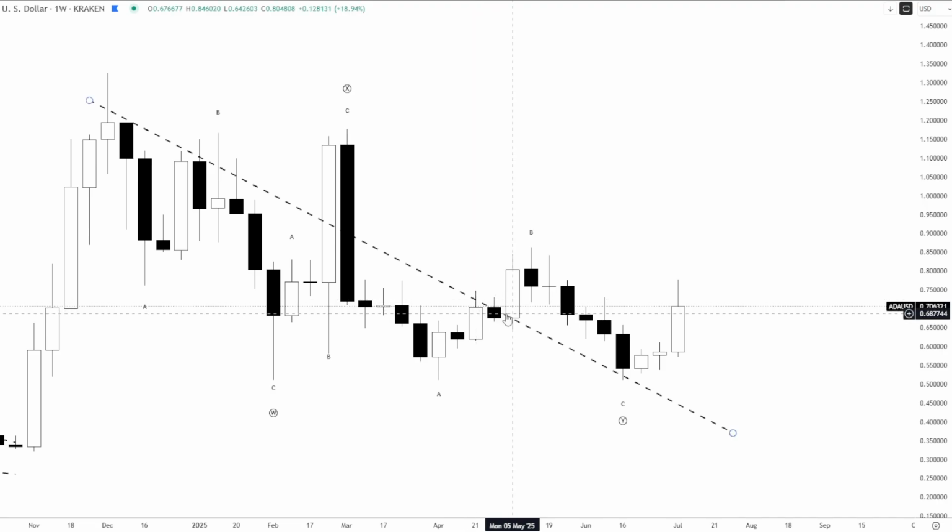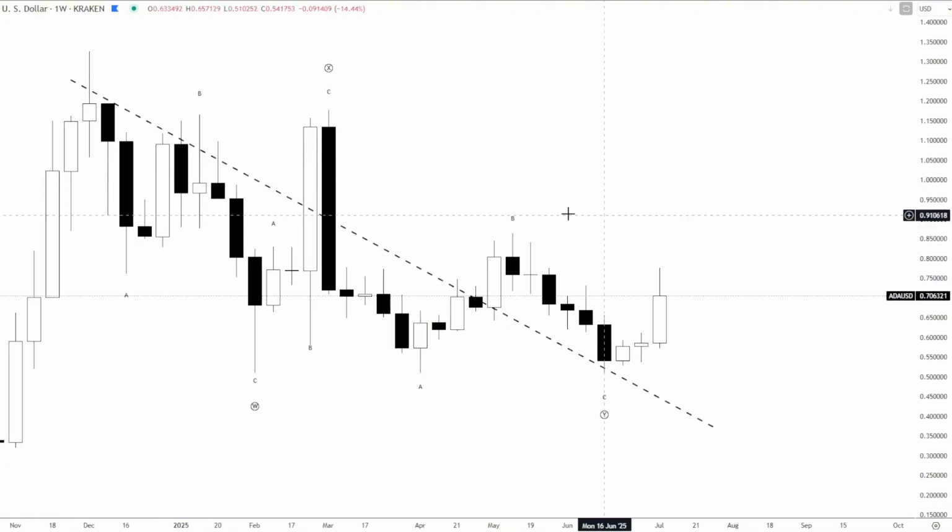The price respected, at least partially respected, this resistance here. Got above it, hovered above it a little bit, bounced on it, and since then we are breaking out again, creating more distance again. So to me it looks like we are going to diverge away from this trend line.